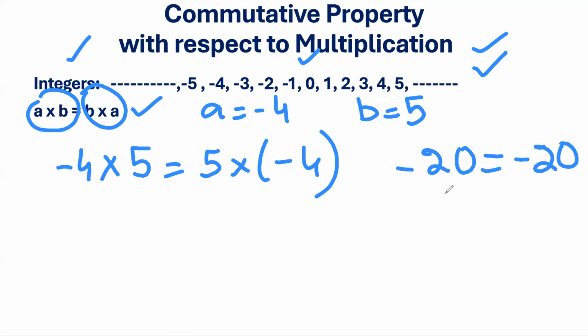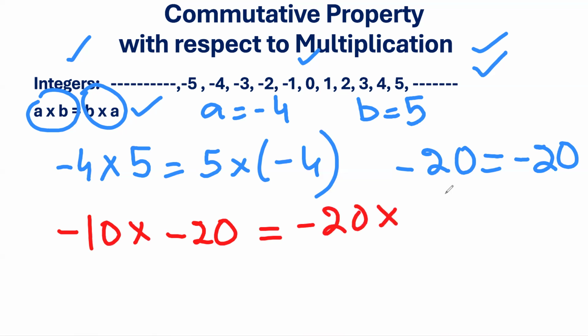Let's take another example. Now we will take both negative. -10 multiplied by -20. Right? This is called commutative property with respect to multiplication. Check, is it equal to -20 multiplied by -10? Just check. Yes, both sides are equal.